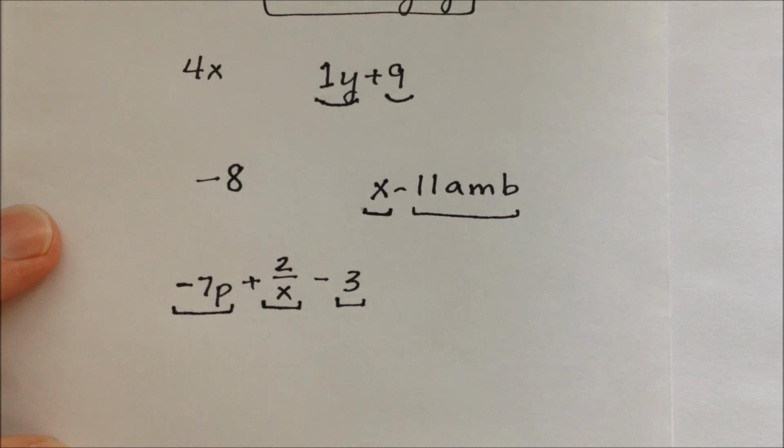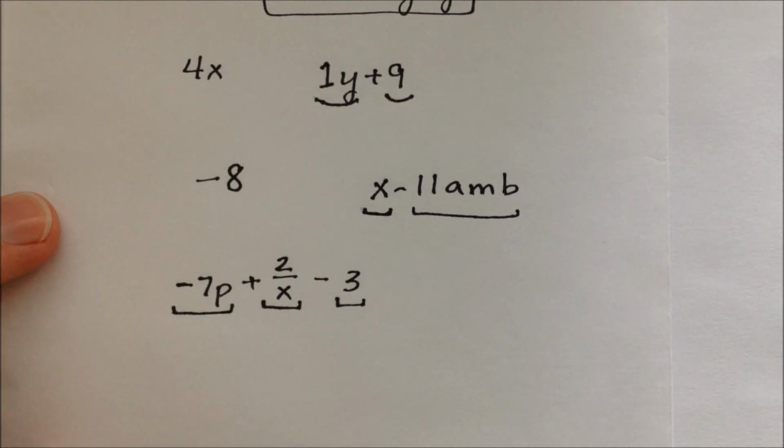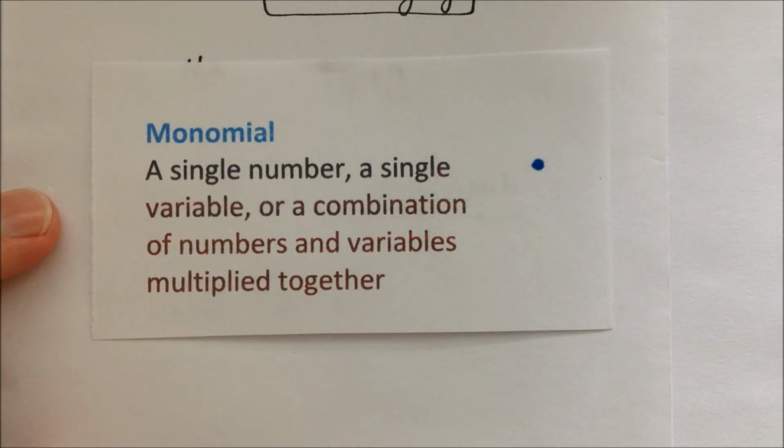I would like to take a second now and talk about some special names that we give to these expressions. Sometimes if an expression has only one term, like our 4x or our negative 8, we're going to call that a monomial. And a monomial is a single number, a single variable, or a combination of numbers and variables multiplied together.